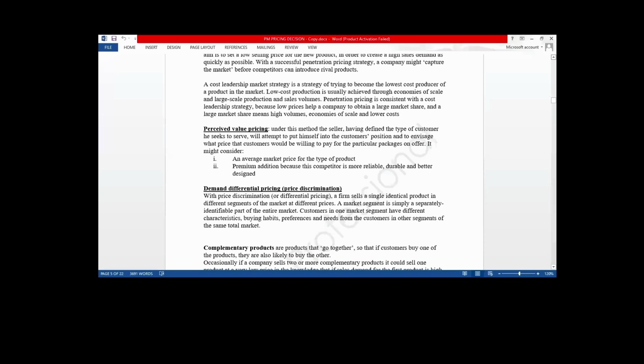We have perceived value pricing. It simply means that the customer may be willing to pay a higher price for a product because of the perceived value the customer is getting.